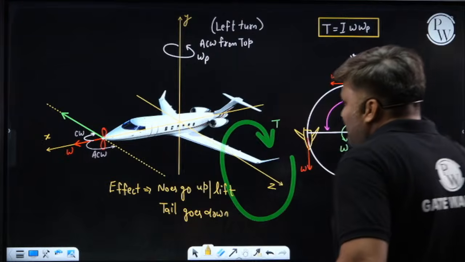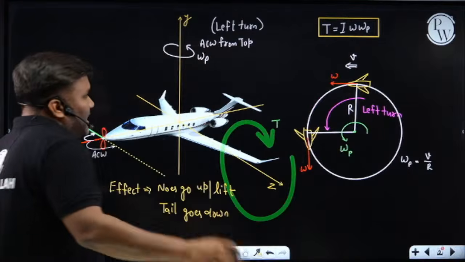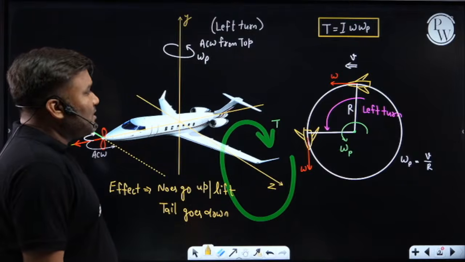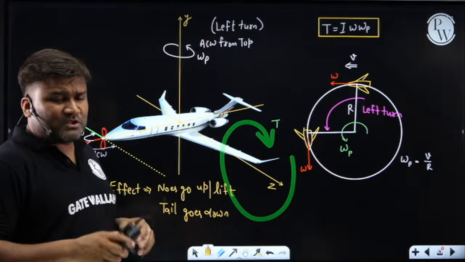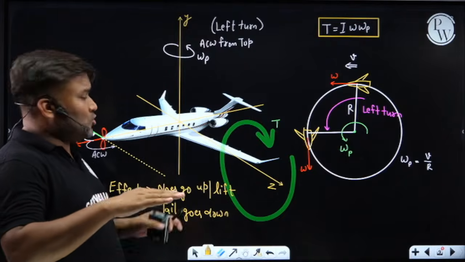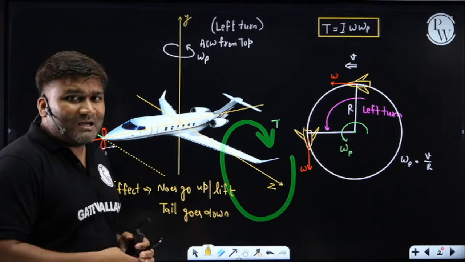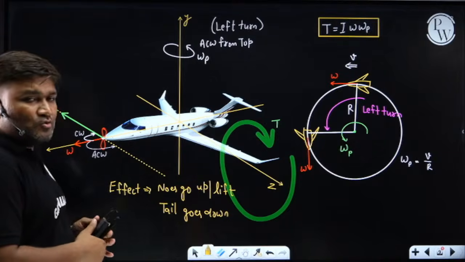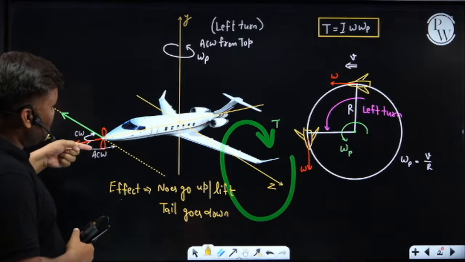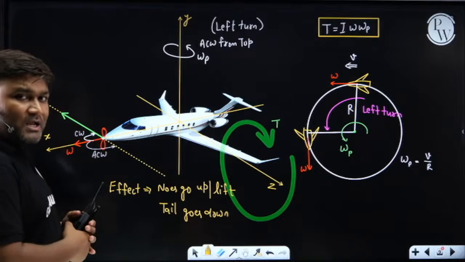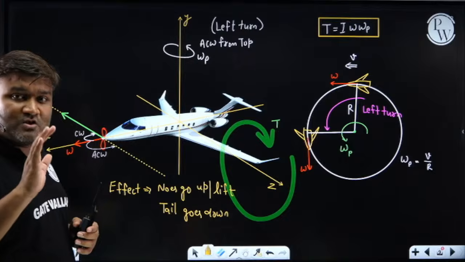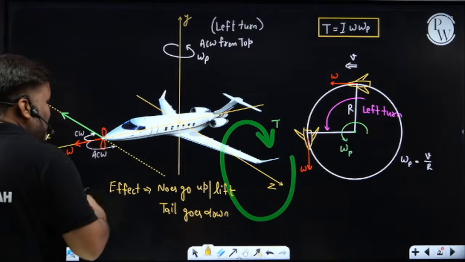Clear, beta? Come on, don't try to remember anything, don't try to memorize anything, because some people think that okay, if the aeroplane turns left, then the nose will lift. But the examiner, what will he do? He will simply change the direction of the rotor. My rotor is not rotating like this, the rotor is rotating in the opposite direction. Everything changes, so don't try to memorize anything. Let me write here how my rotor was rotating.